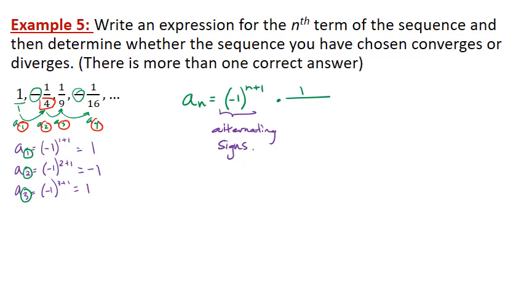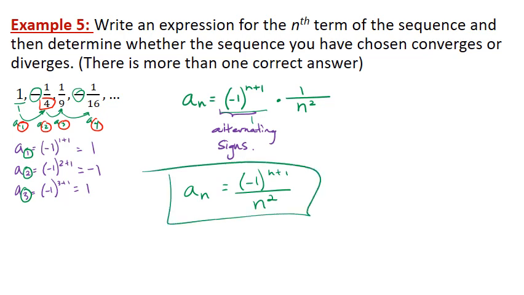So whatever n is, we are squaring it. And that's how we get our formula. So we can put this over 1, multiply across the top, across the bottom, and we can write this as -1 to the n plus 1 over n squared if we want. So this is the expression.